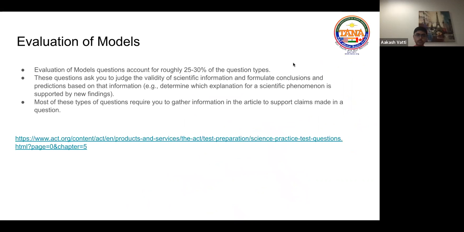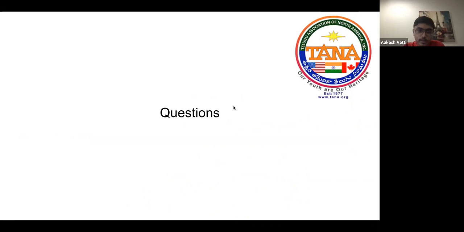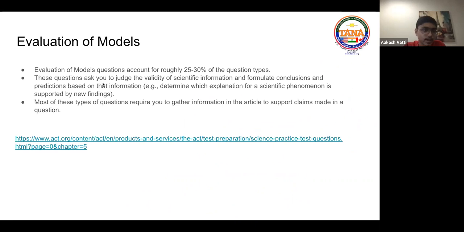So evaluation of models is a question type in the SAT science, ACT science section, and it counts for roughly 25 to 30% of the question types. These questions ask you to judge the validity of scientific information and formulate conclusions and predictions based on that information, which basically means you gather information in the article to support claims made in the question.